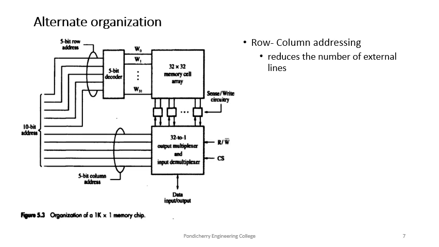You can see there is only one bit data input output, and we have 10 bits of addresses, and these address lines are split into row and column address. Out of this 10, 5 bits represent the row address and the other 5 bits are used as the column address. So these 5 bits are applied to a decoder.